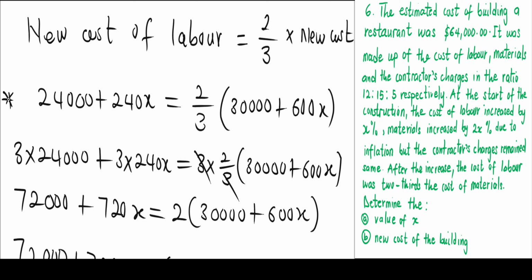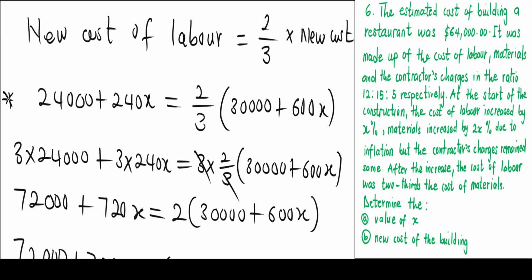Materials. So you bring the new cost of labor, 24,000 plus 240x, equal to 2/3 of the new cost of materials, which is also 30,000 plus 600x, and they should be in bracket, okay?